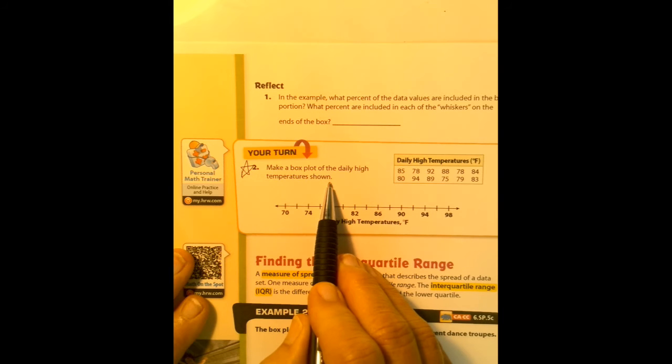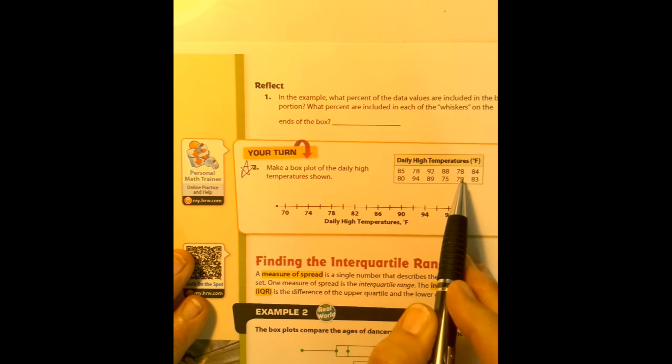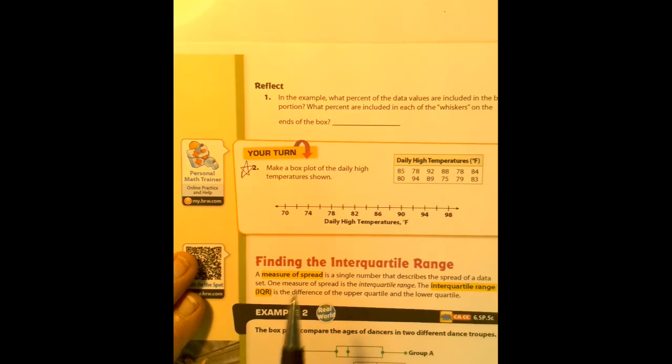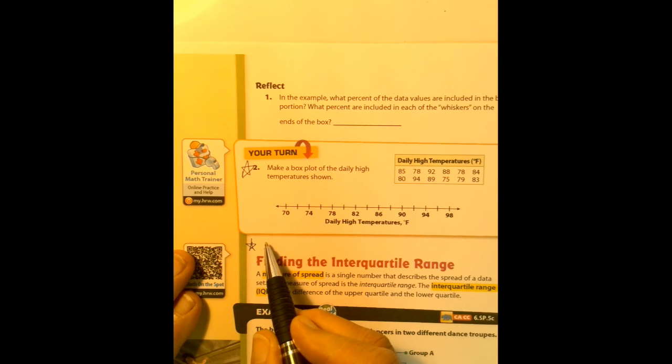So we're referring to this chart here that has a bunch of temperatures. The first thing we need to do, because we're working with median, is always list the data from least to greatest. So I'm going to do that right here. If you want to just pause the video for a moment and write those values in, please.